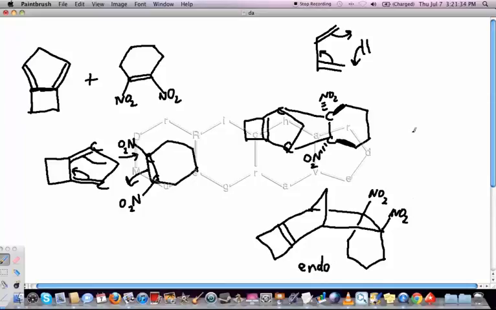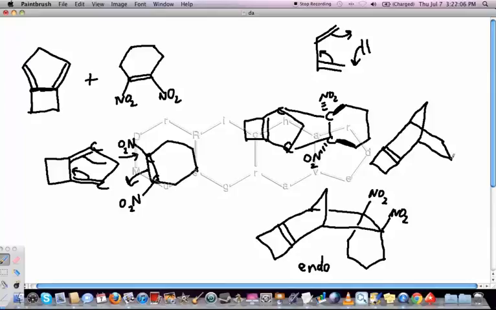And let's take a look now at the other one, the exo. The exo would look like this. And there's our bridge there. We'll have the cyclobutyl ring at the back, and it's pretty much in line with these because the double bond is flat.